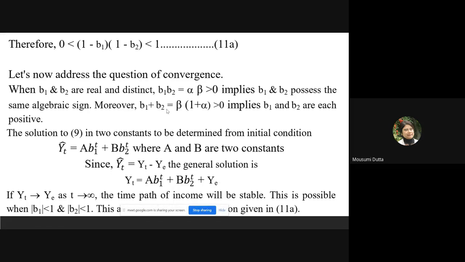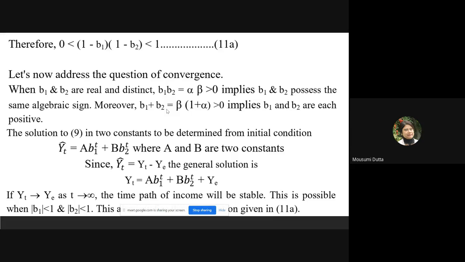The solution to 9 in two constants to be determined from initial condition. In fact, we are going to calculate the CF part. The solution is given by yt hat.